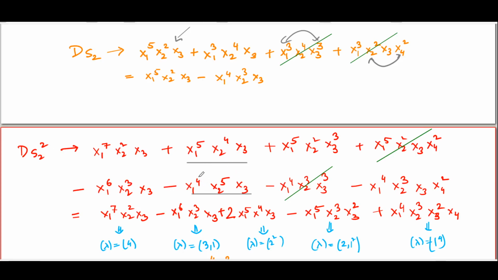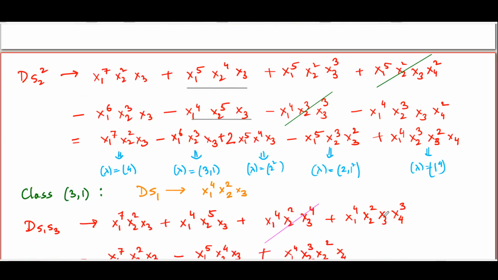To get this to the right order, you need to do a further flip of 5 and 4, and that means this will come with a plus sign again. The 2 together will give you a plus 2. And here, x1 5, x2 square, x3 cube has to be put in the descending order 5, 3, 2 with one switch, so minus sign. Here 4, 3, 1, 2 has to be put in the descending order 4, 3, 2, 1 with one switch. You had a minus, the one switch gives you another minus, so you get a plus 1. So the corresponding simple characters for these partitions turn out to be 1, minus 1, 2, minus 1, 1.